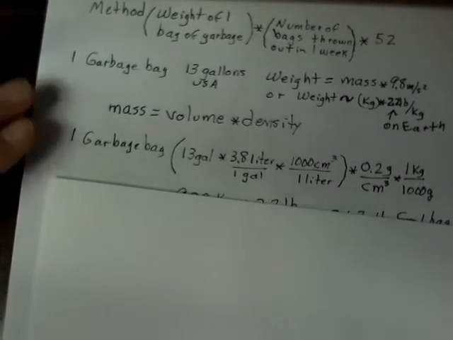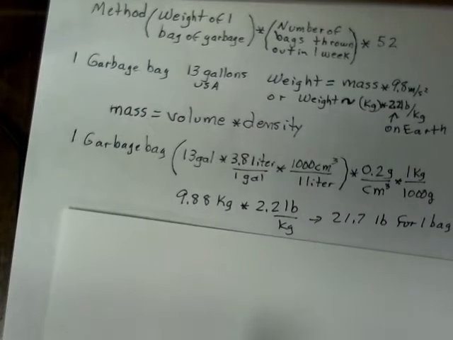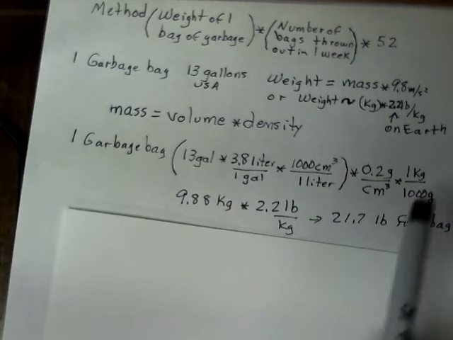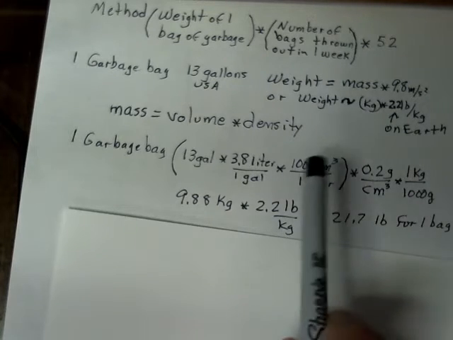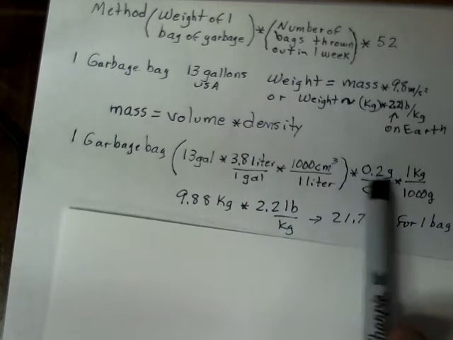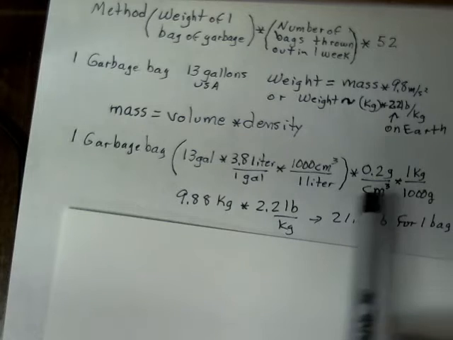In the parentheses, 13 times 3.81 times the 1,000 times the 0.2, then times our conversion factor. You should perhaps pause the video and multiply these 5 factors together and do the division, of course, here.